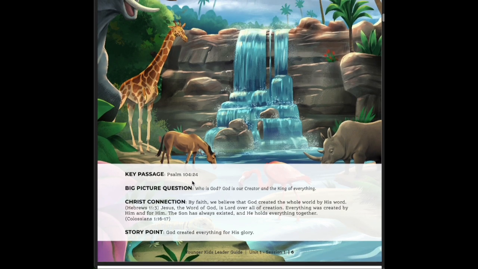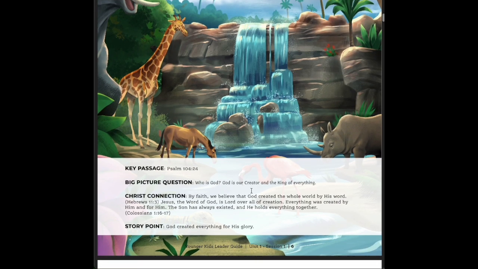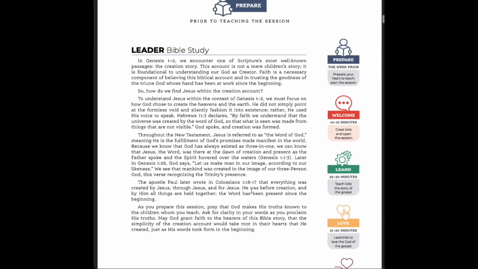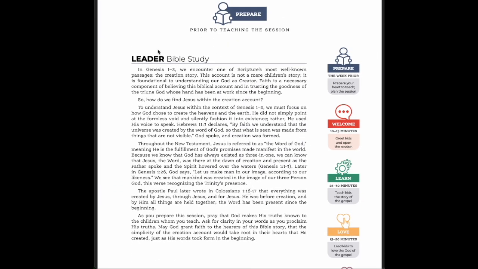Okay. So this is the most important page for you. And afterwards is the prepare page for you. It's the leader's Bible study. They want you to be in the Word as you prepare and be familiar with it. And as you know, if you go to Lighthouse for the week, you will be able to go through this lesson ahead of time.